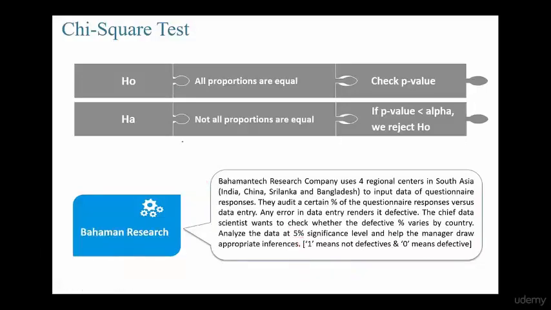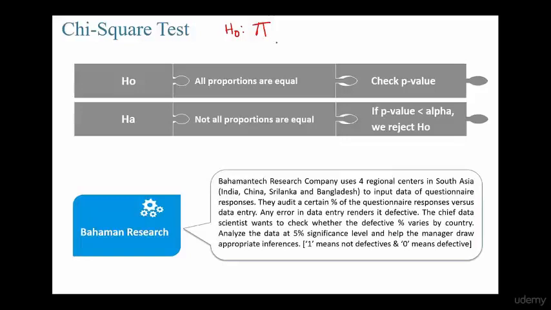And here is null and alternate hypothesis. Null hypothesis says proportion of defectives. So let me write it down. Proportion, and when it comes to population proportion, the notation is pi.